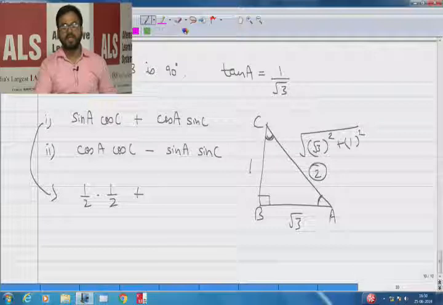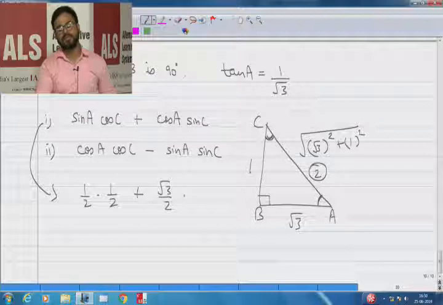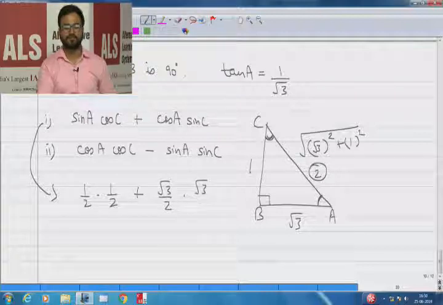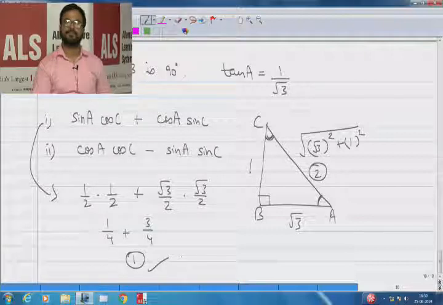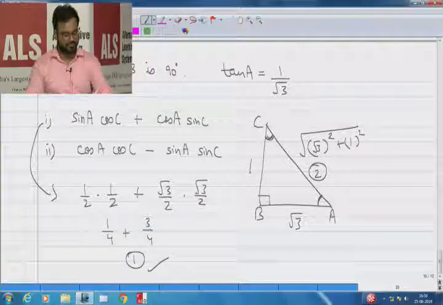Cos of A is root 3 over 2, and sine of C is root 3 over 2 also. So, 1 by 2 into 1 by 2 is 1 by 4. Root 3 by 2 into root 3 by 2 is 3 by 4. 1 by 4 plus 3 by 4 is 1. That is the answer. Similarly, you can do the second part also.